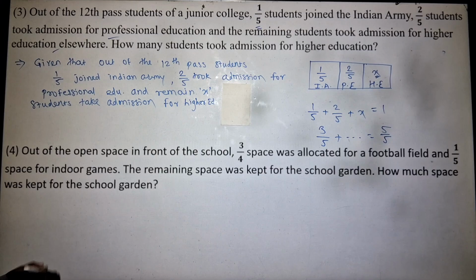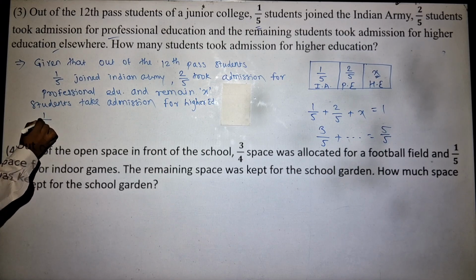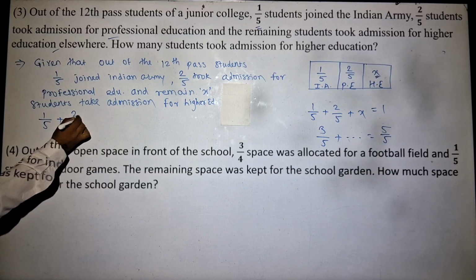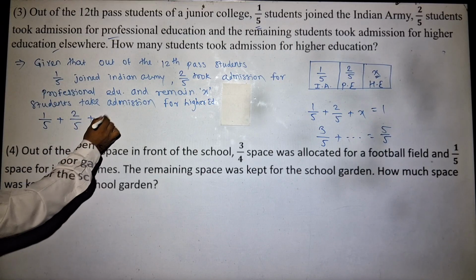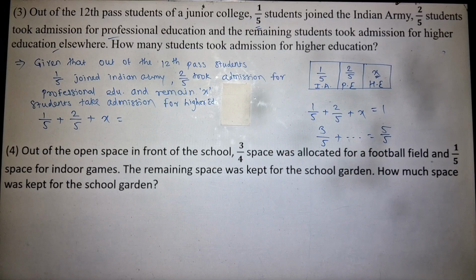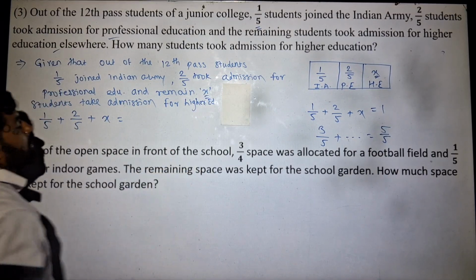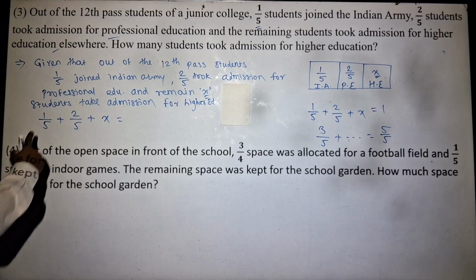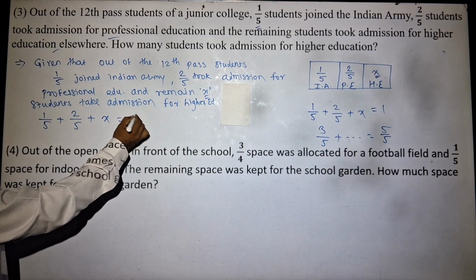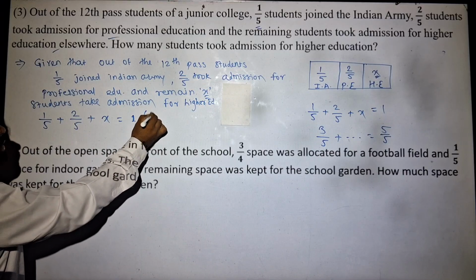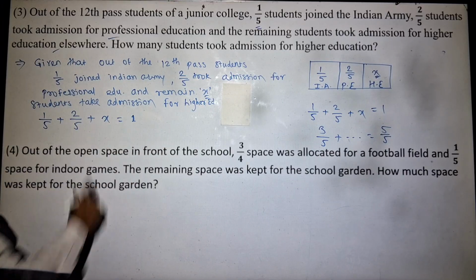Now therefore the total students is 1 by 5 plus 2 by 5 plus X students, which are the remaining students, and the sum of all is nothing but 1, that means the complete student. 1 shows the total students.